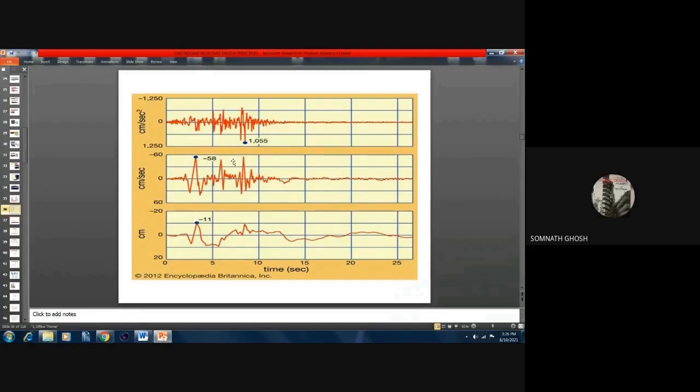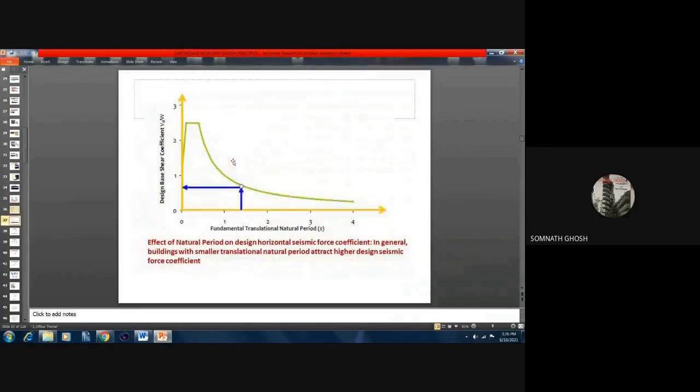But this is important. You all know that this is the typical curve you are using to get your seismic acceleration. Obviously, seismic acceleration ultimately gives you the base shear.